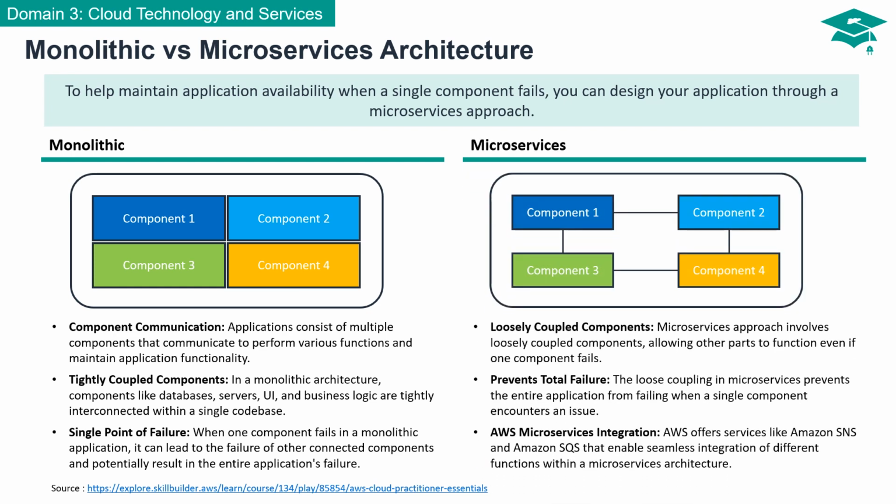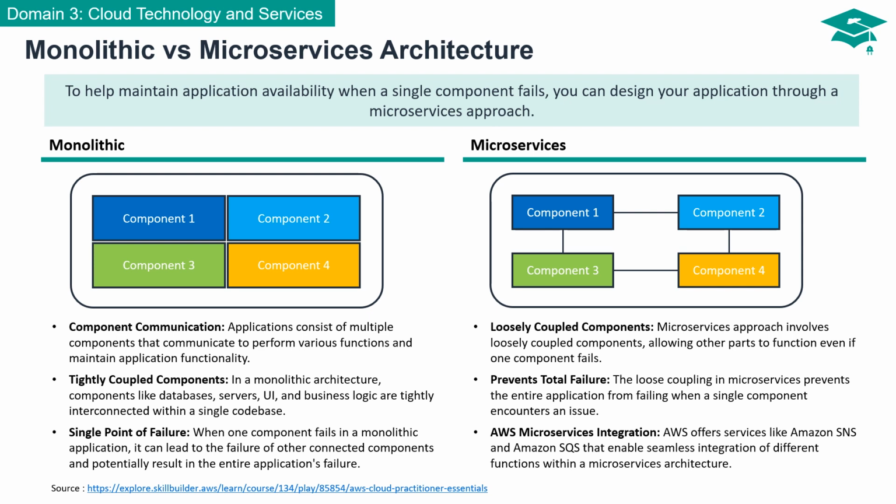Now, let's contrast that with microservices architecture, a design philosophy aimed at maintaining application availability, especially when a single component encounters issues. Loosely coupled components: microservices involve loosely coupled components, allowing other parts to continue functioning even if one component fails. Prevents total failure: the loose coupling in microservices prevents the entire application from collapsing when a single component faces challenges.